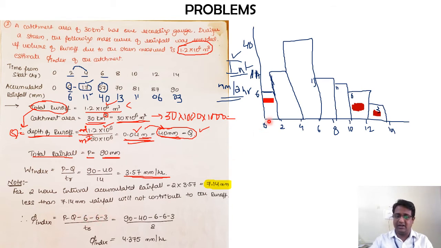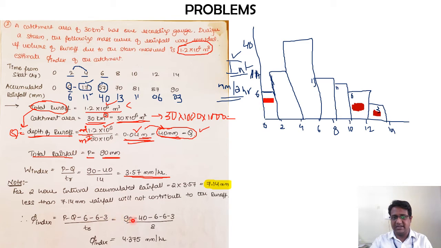We have 3 sections identified, that is the first 2 hours, 10 to 12 hours, and 12 to 14 hours. So here I'll deduct the amount of rainfall within those 3 sections. So 0 to 2 hours, it is 6 millimeters that I have deducted. Similarly, 10 to 12 hours, 6 millimeters, and 12 to 14 hours, 3 millimeters that I have deducted over here.